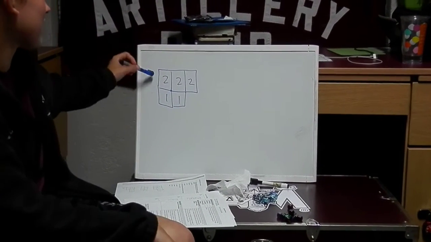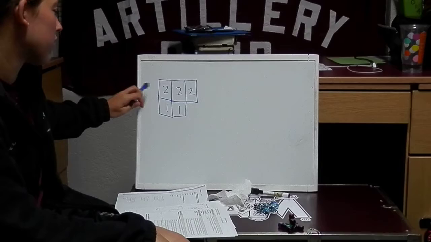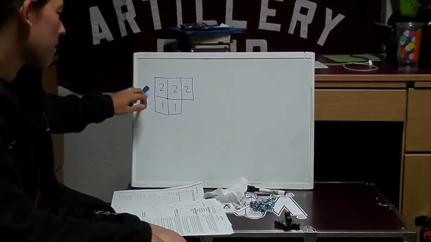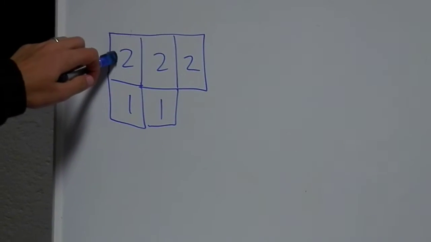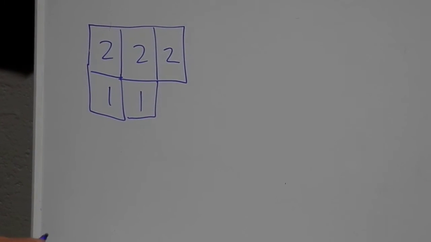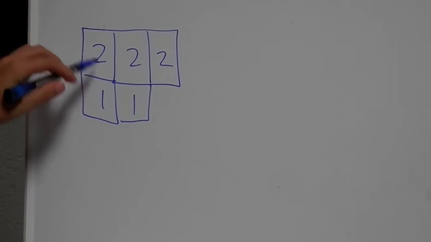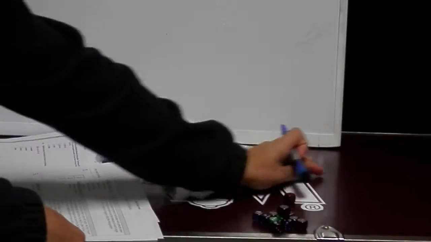Okay, so when we look at this, we're going to start at the very top on the left, so we don't lose our place. What is up here? 2. A 2, so what does that mean? If it has a 2 right here, that means our building is going to be 2 blocks tall.